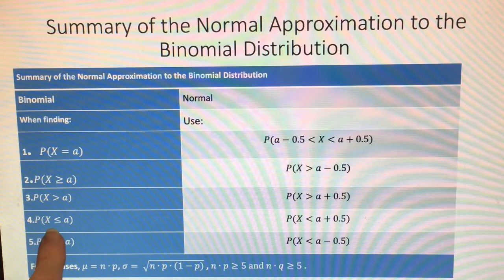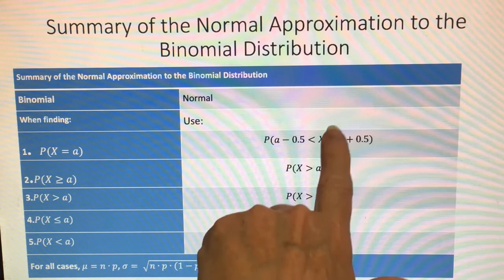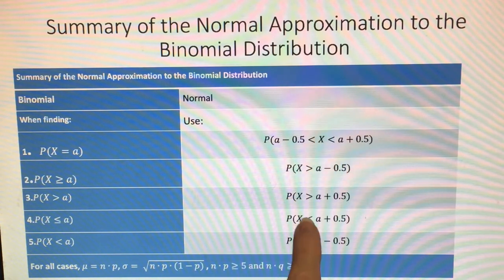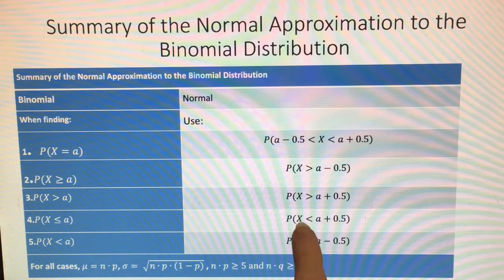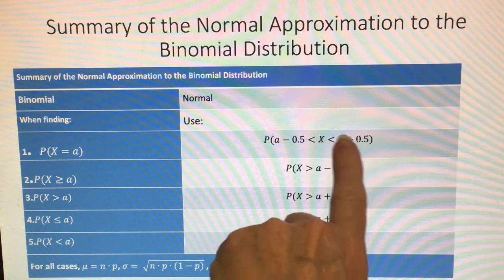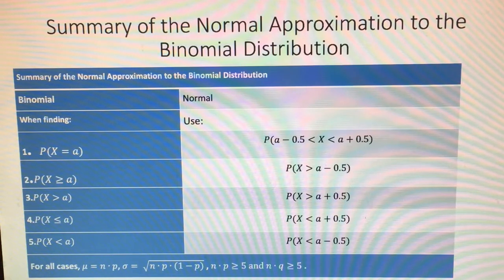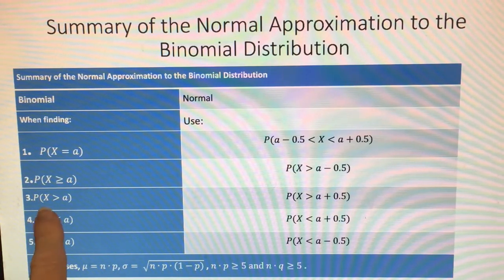This one down here is also a less than or equal to. So the less than or equal to here is going to be this part right here. So if you remember that, the less than or equal to is the same as the right-hand side of the original.